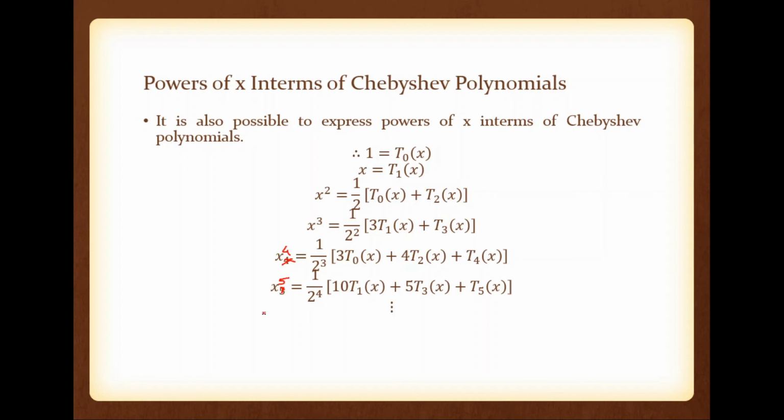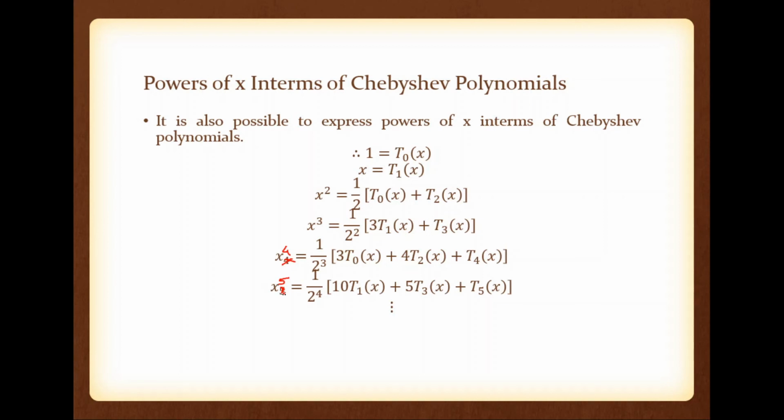Means if it is x raised to n, you can see 1 by 2 raised to n minus 1. Second thing is, if the power is odd, you can see odd degree Chebyshev polynomials T1, T3, T5. Here we have T0, T2, T4 because this is even, so even degree Chebyshev polynomials. These are the 2 different characteristics that we can find.